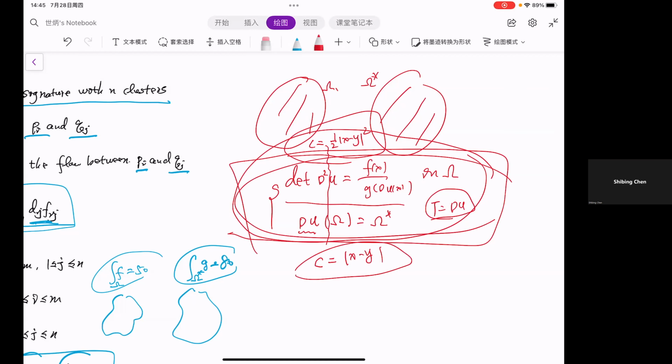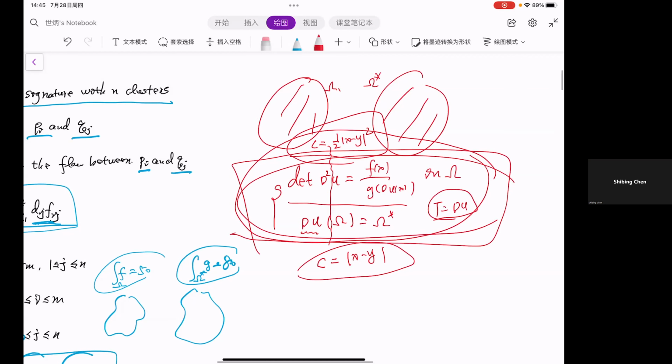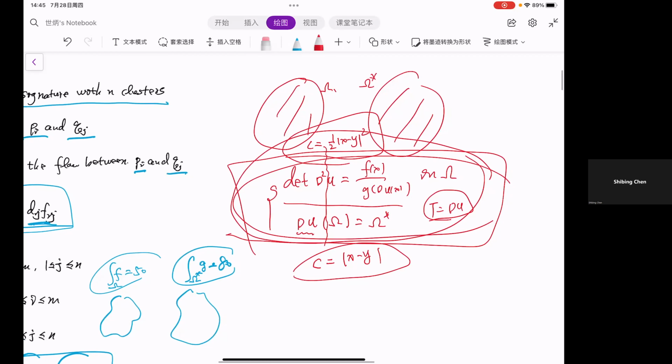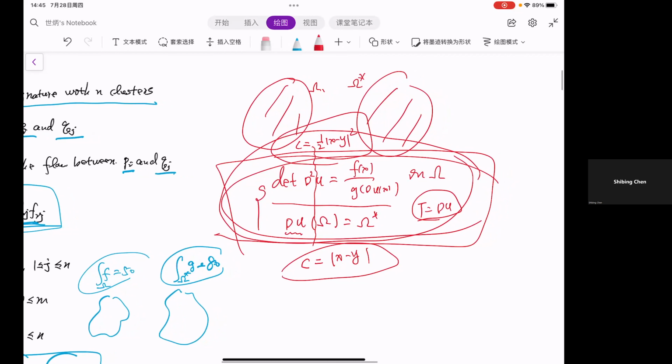For example, a natural idea is to use a cost function like |x-y| to the power 1 plus epsilon to approximate this one. If it's 1 plus epsilon, this is strictly convex. This is a nice cost function. Maybe you will use this cost function to approximate that cost function, but unfortunately, it still doesn't work very well.